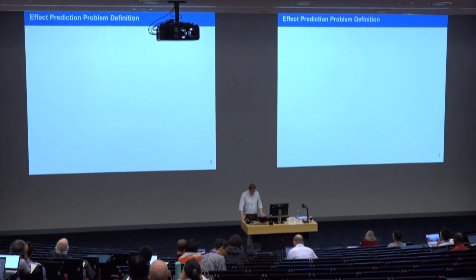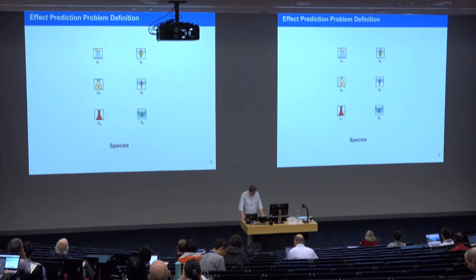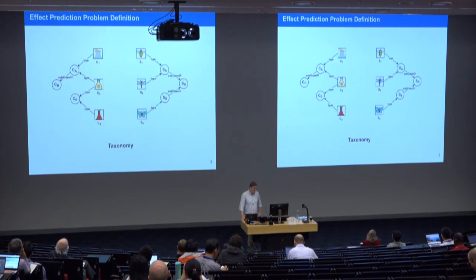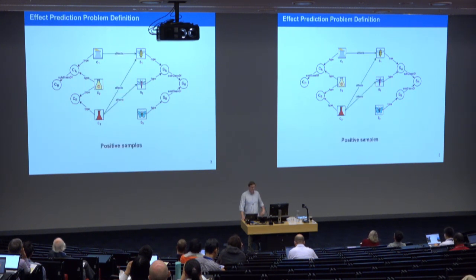Okay, so we're moving on to our effect prediction problem. So let's say we have a set of chemicals and a set of species, and these each have their own hierarchies, totally separate. And then we can have positive samples in the experiment, so a chemical affects a species in some way.